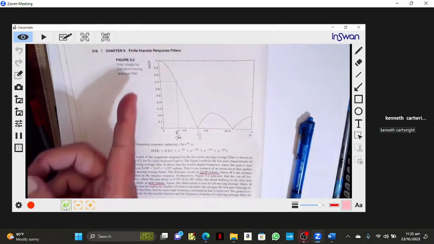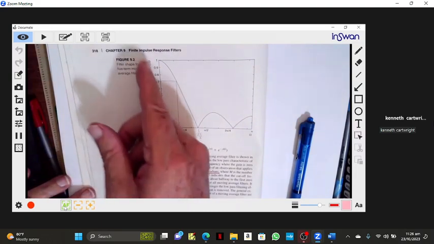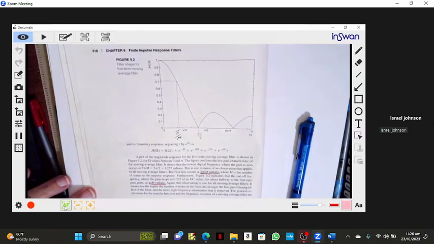What does it say there on the y-axis? What is it measuring? That looks to be the magnitude. The magnitude of the filter. What's on the x-axis?